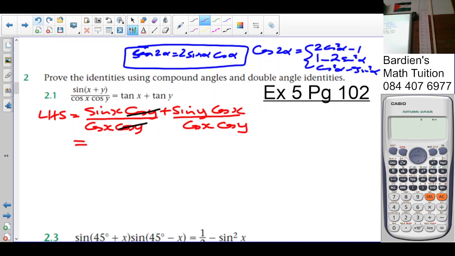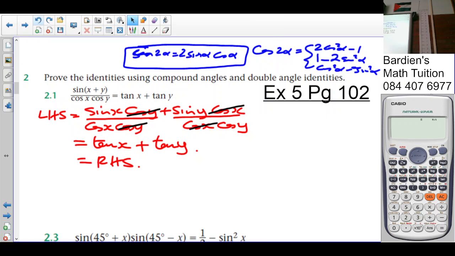So sine x over cos x is going to be tan x plus, cos x over cos x cancel, so it's going to be sine y over cos y, which is tan y, which is also equal to the right hand side. Any issues here? No? You won't have issues because you didn't do the work.